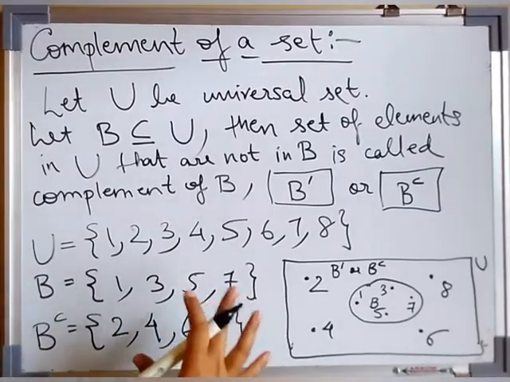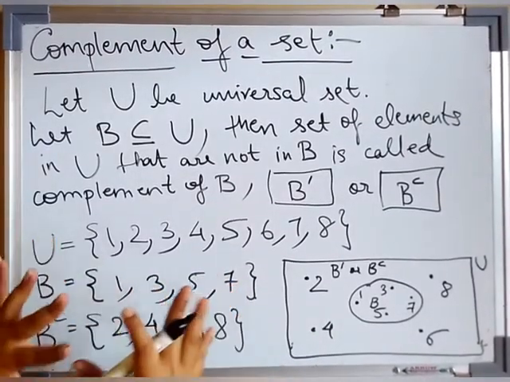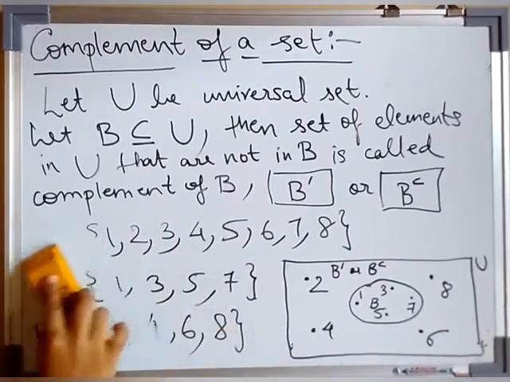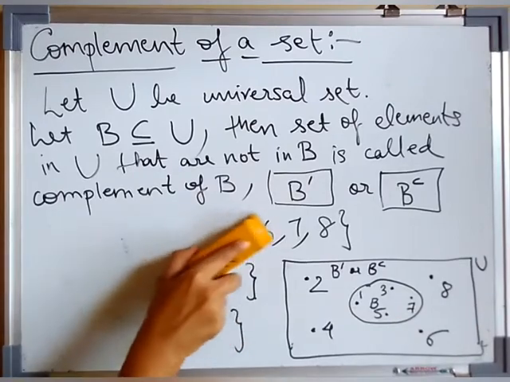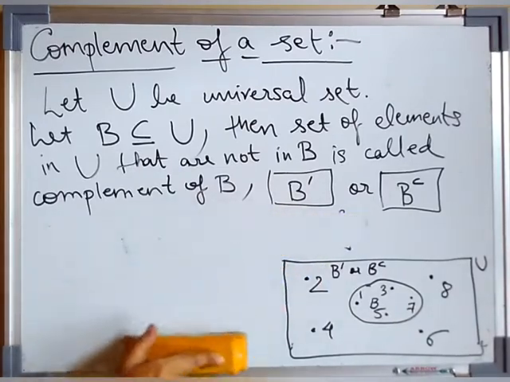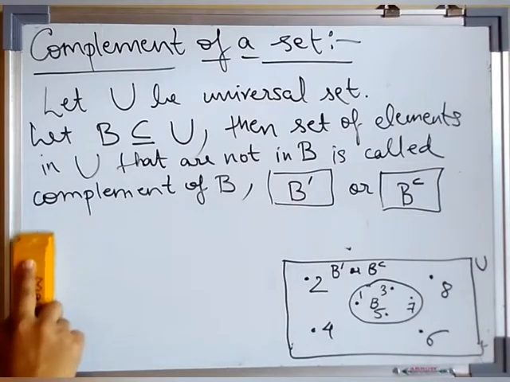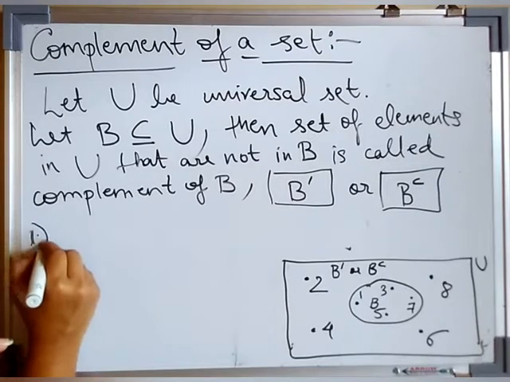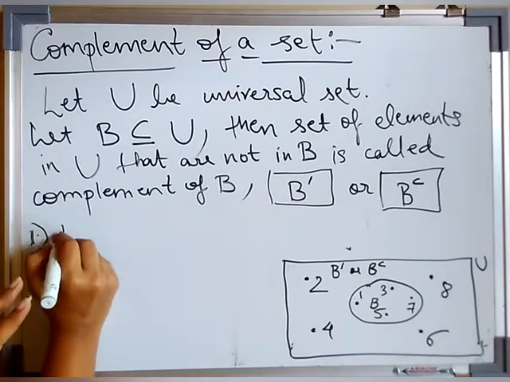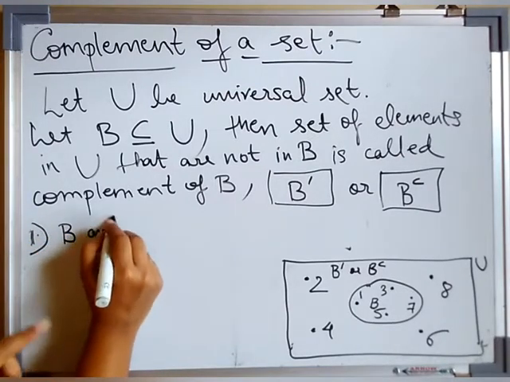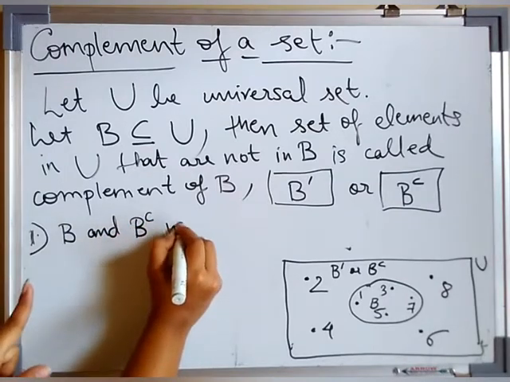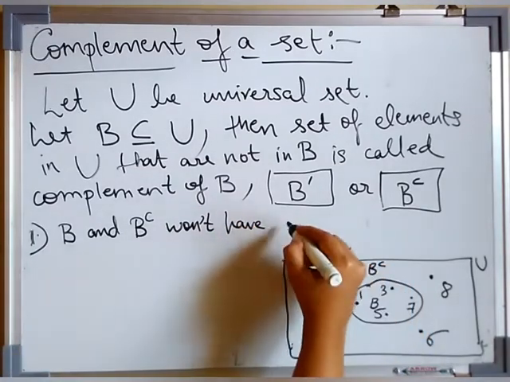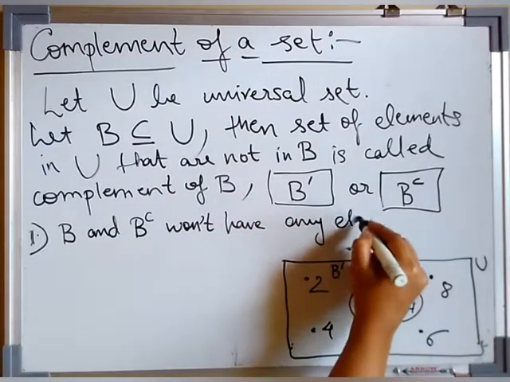Now, just like we had some properties related to subsets, for the complement of a set also there are a few things we are supposed to know. The first property is that a set and its complement, that is B and B complement, won't have any element in common.